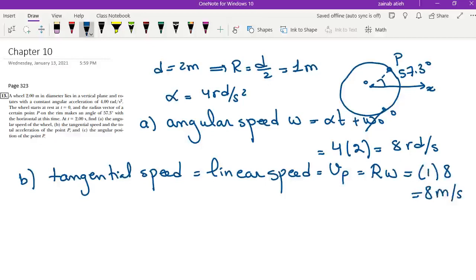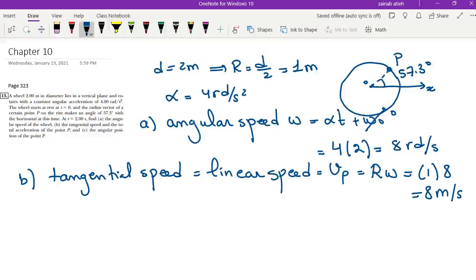Now the total acceleration of point P, which is rotating. So I might think of normal acceleration and tangential acceleration. Let's calculate both of them and then find A total, which is radical an squared plus at squared.